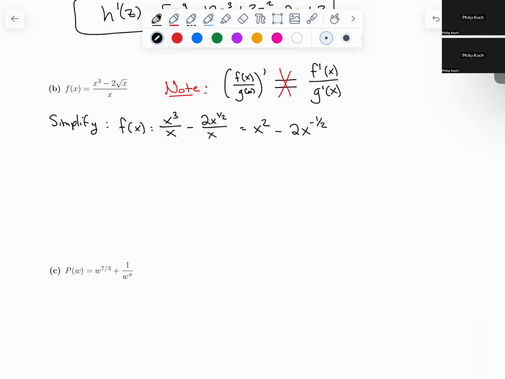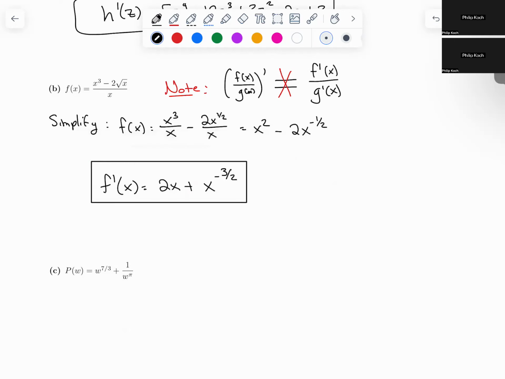All right. And so f prime of x would therefore be 2x minus 2 times negative 1/2, so plus x to the negative 3/2. Take a second to make sure you understand where that came from. I will explain it in just a moment.